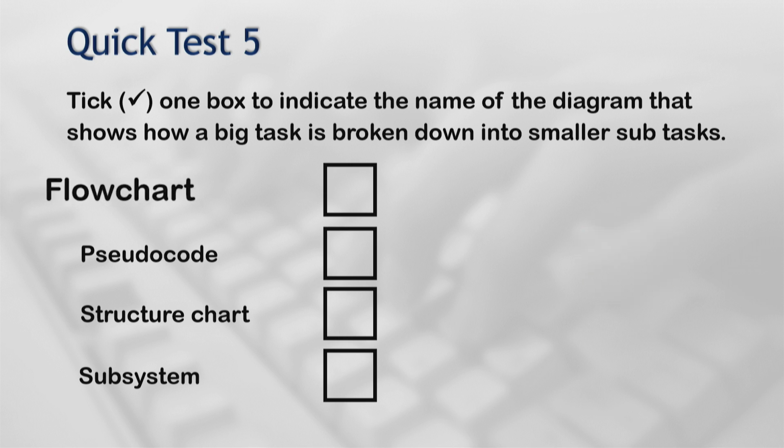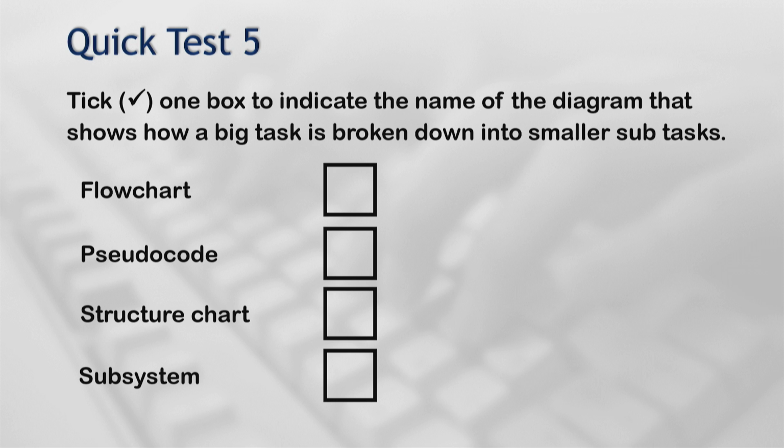A flowchart, you will recall, is a diagram that uses symbols and arrows to show problem-solving steps, which is not what we are looking for. Pseudocode is used to write instruction in simple English without using any programming language. Again, not corresponding to the description given.